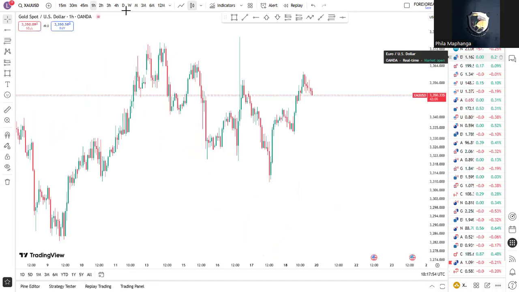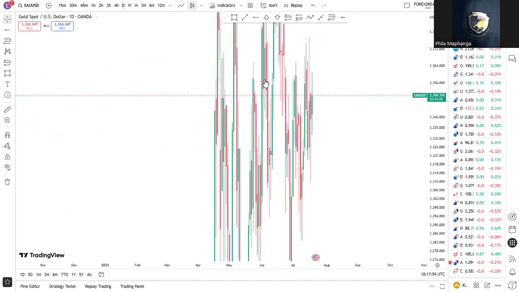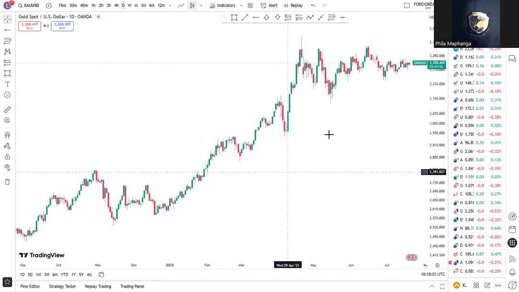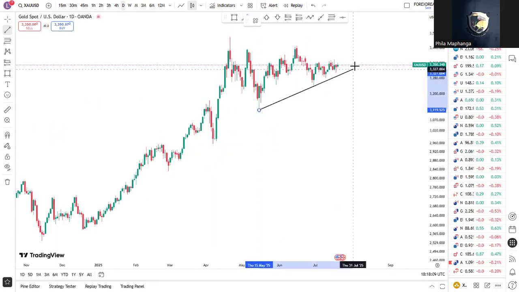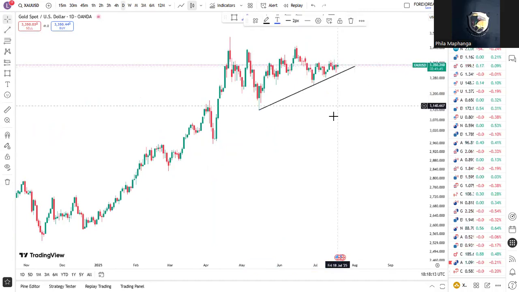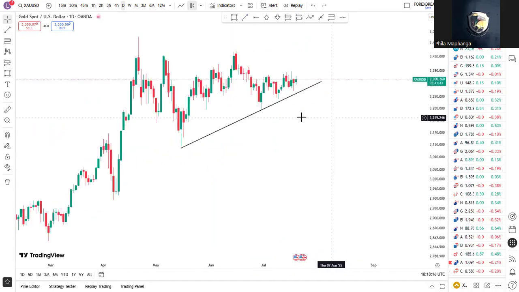Let's go to daily chart on gold. This is gold on daily chart. I added the trend line here like this, if you guys recall. And then if you look closer, the trend line is still waiting for the third touch.